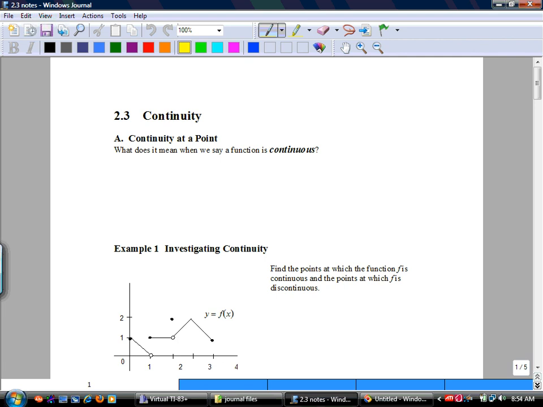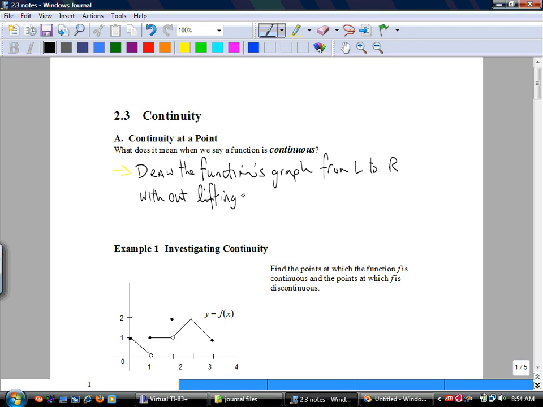Okay. What does it mean for a function to be continuous? In English, it means, can you draw the function's graph from left to right without lifting your pencil?